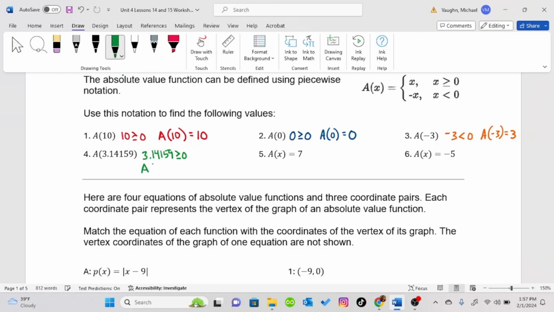Therefore, a of 3.14159 is going to equal x, so it equals 3.14159.